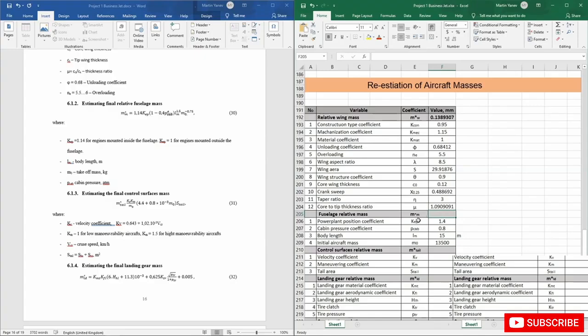Now I can use this equation that I mentioned in the notebook. So this will be equal to 1.14 multiplied by KEP, which is this one, multiplied by 1 minus 0.4 multiplied by the pressure in the cabin.